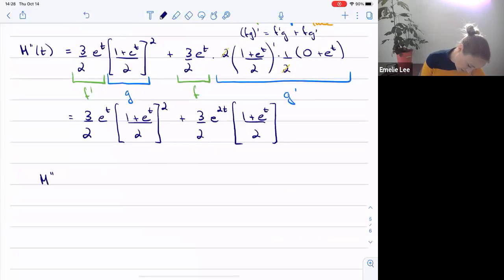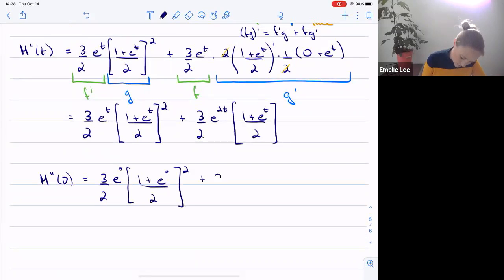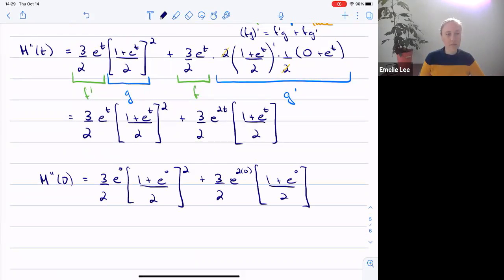So the second moment evaluated at t equals 0 is going to be 3 over 2 e to the 0 times 1 plus e to the 0 over 2 squared, plus 3 over 2 e to the 2 times 0, which is still going to be 1, times 1 plus e to the 0 over 2. A lot of this goes to 1, right? All the e's go to 1.